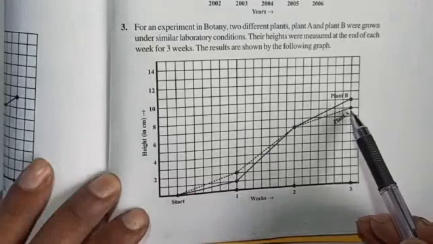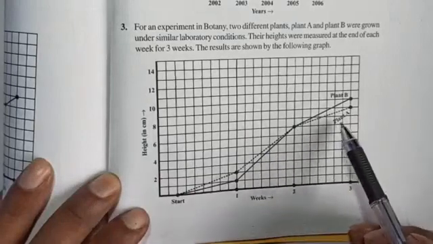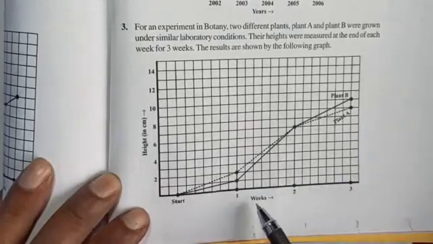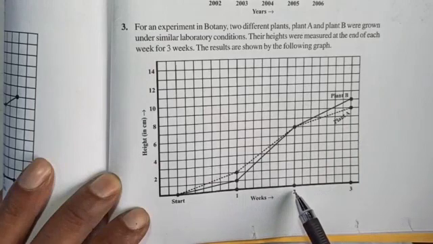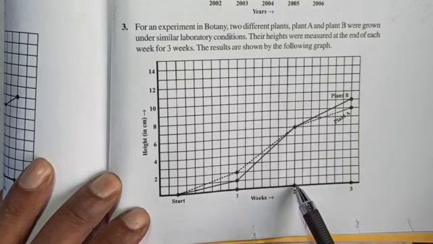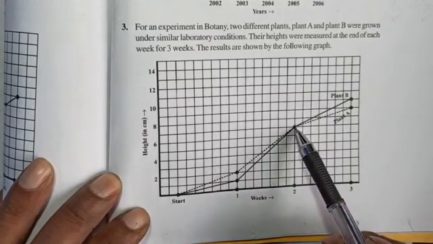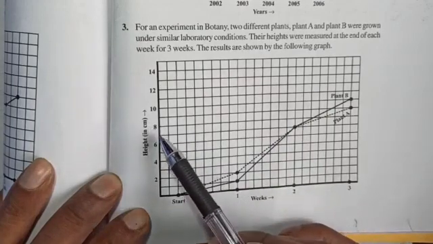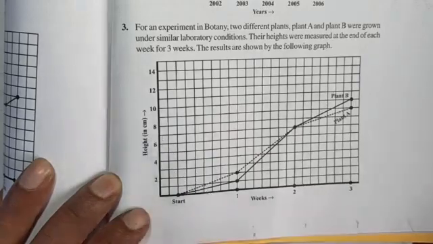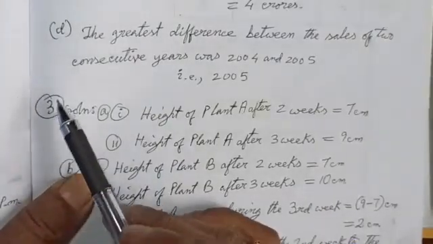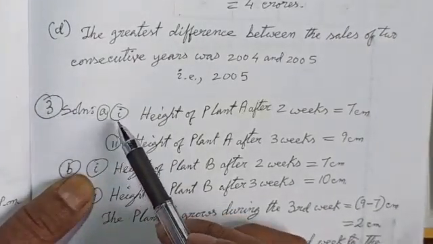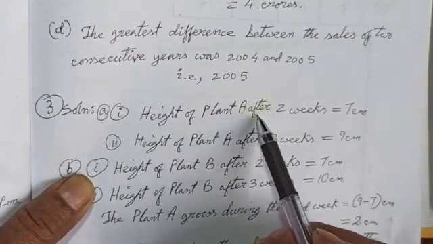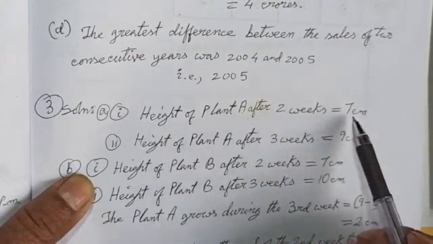So this dotted line represents growth of plant A. Now this is first week, this is 2 weeks. So in the second week, the growth of plant A is this point, and this height is, here is 6, here is 8. So this is 7 centimeter. So question number 3, solution A, Roman 1, height of the plant A after 2 weeks is 7 centimeter.